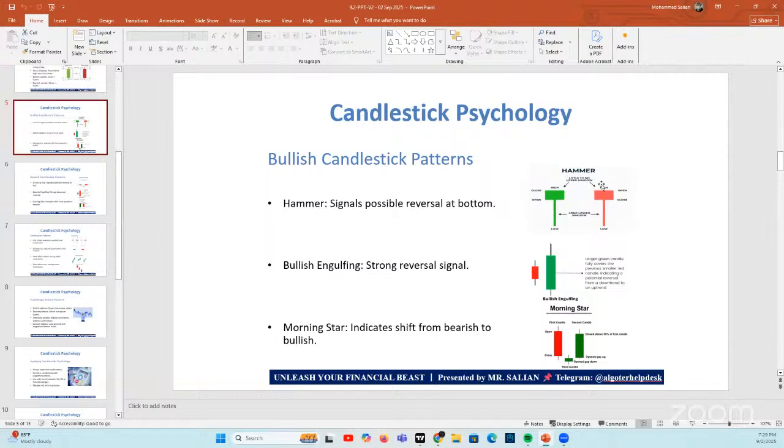Or a hammer. You have to practice spotting these patterns in the chart because this will give you more confluence, more confirmation that your trade is going in the right direction.